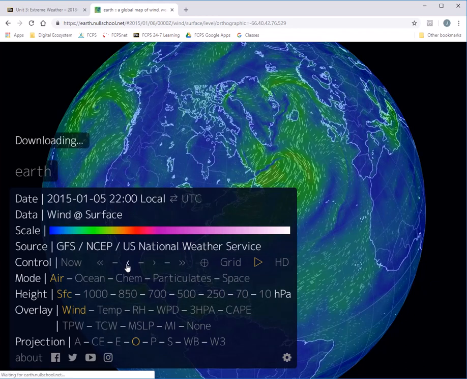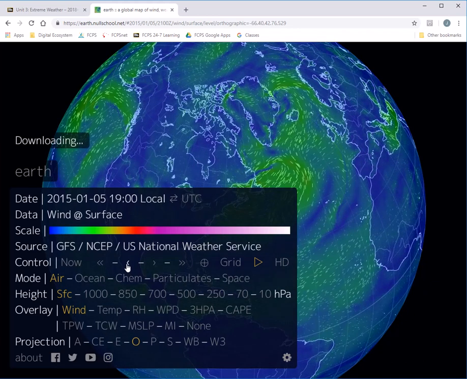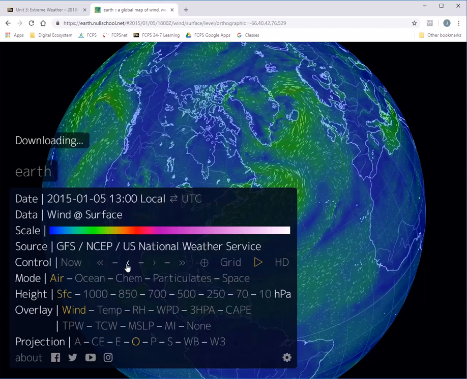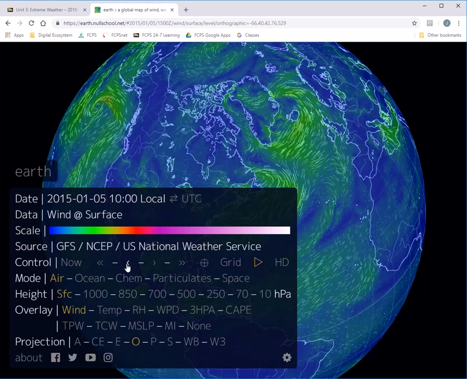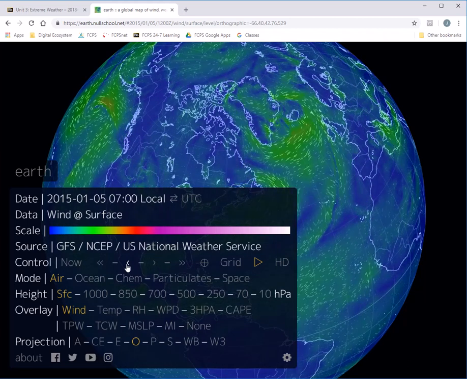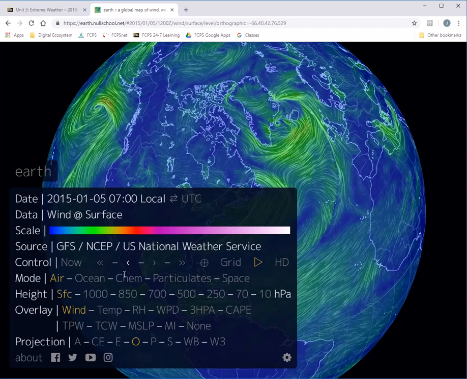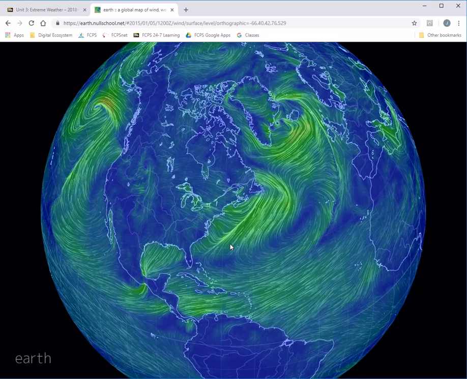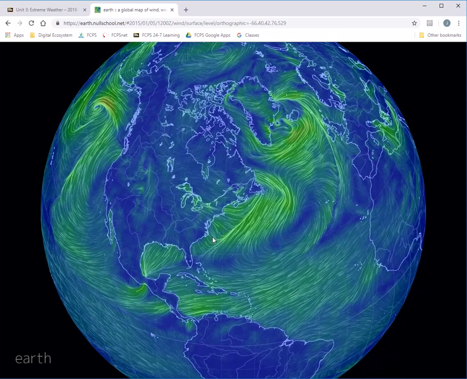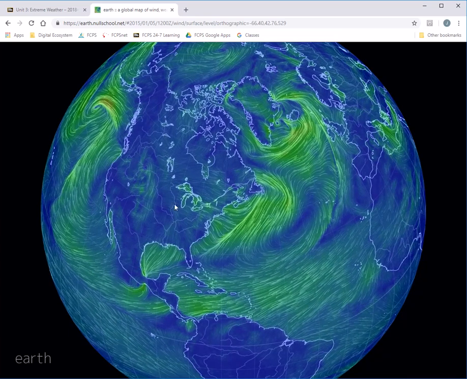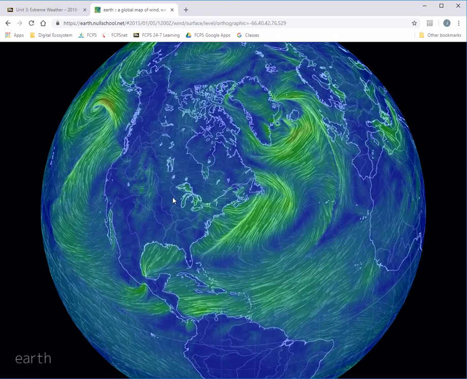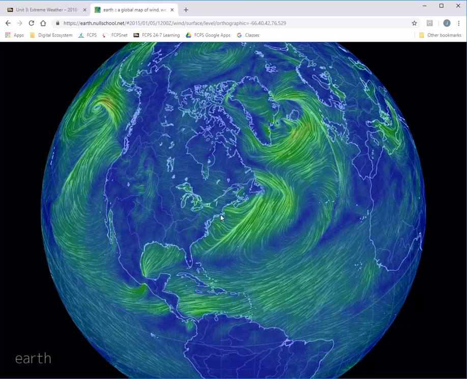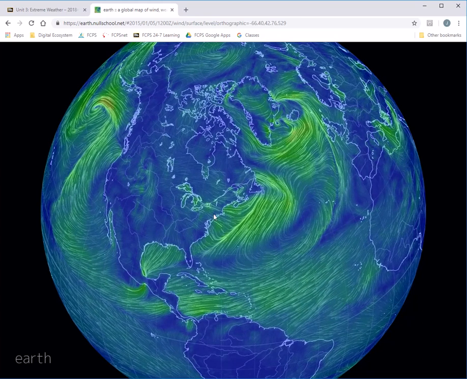And keep going back until it's right on the coast. Now we're on the 5th, so let's just see. So here's that cold front, and you can see that when the cold front came through, it was being pushed eastward by the streamlines coming out of the northwest.